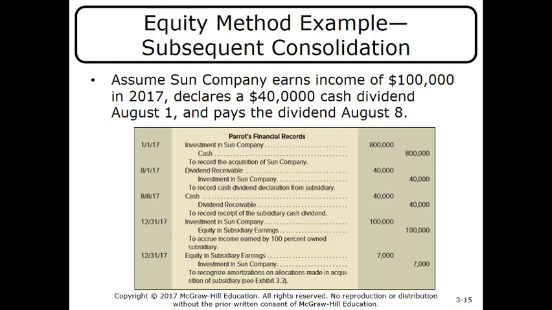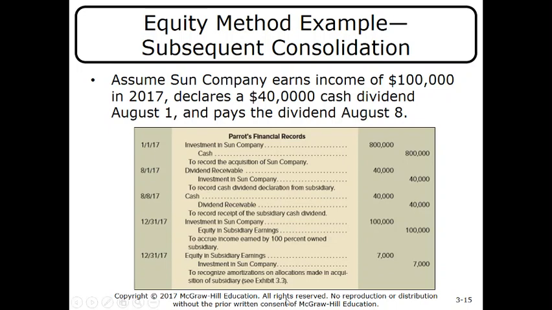And then on 12/31, Sun Company earns income of $100,000 for the year, and so Parrot debits investment in Sun Company for $100,000 and credits equity in subsidiary earnings for $100,000. And then the excess amortization entry simply reduces investment in Sun Company by $7,000. So your debit is to equity in subsidiary earnings of $7,000, and credit is to investment in Sun Company.